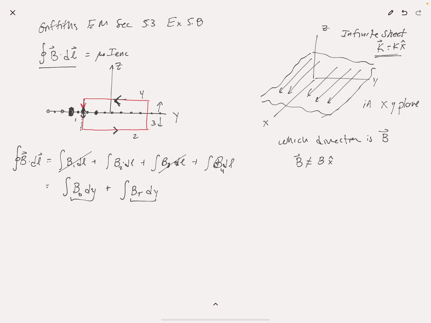Okay, so that's what I've kind of been cavalier about, these vectors. And because I have these lines at the same distance away from this plane, these are both the same magnetic field, same magnitude.